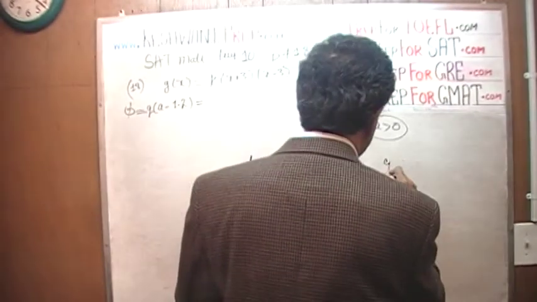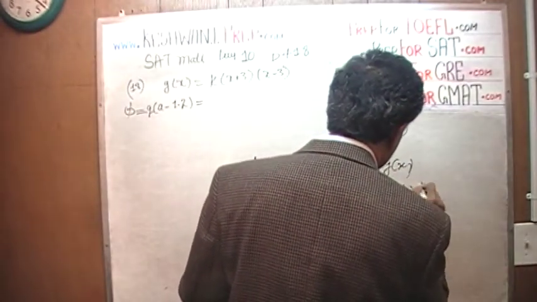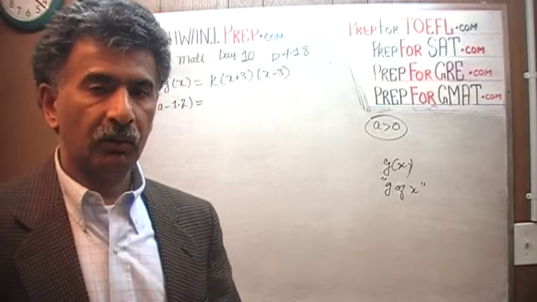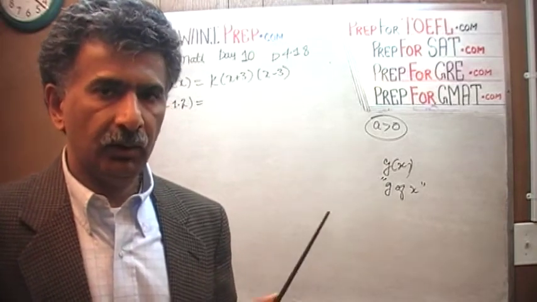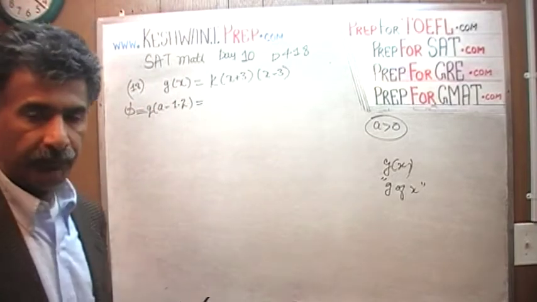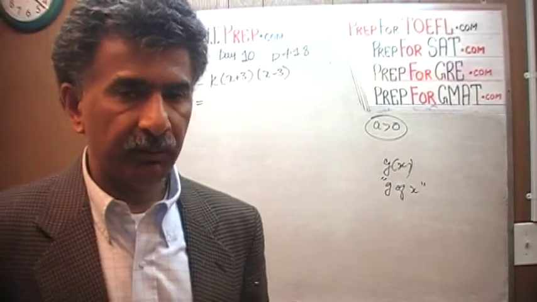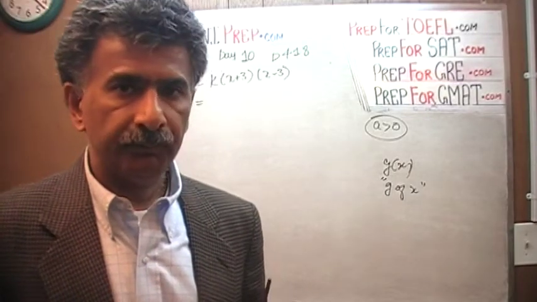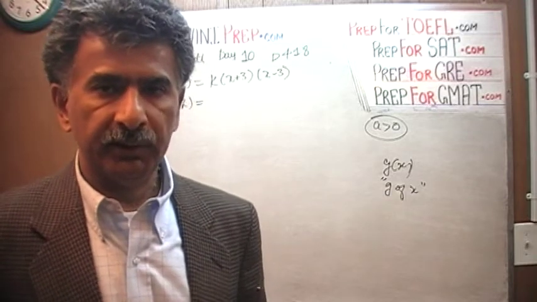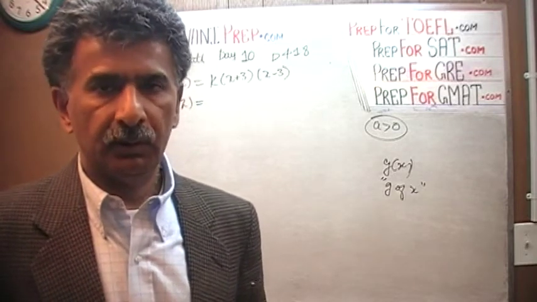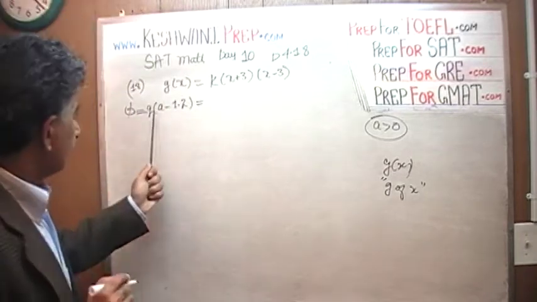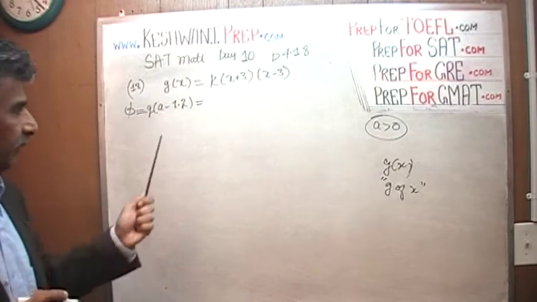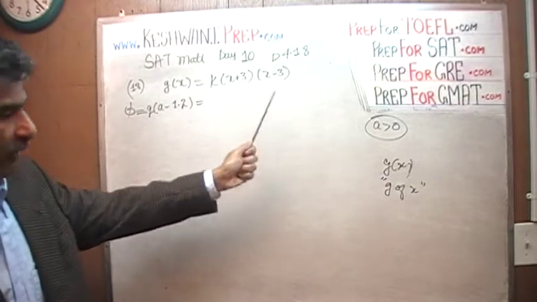If g of x confuses you, or if you haven't quite mastered this notion of function and what they mean by g of a minus 1.2 and so forth, type in the word function along with my name, Keshwani, and function in quotation, and you will find a couple of videos that you will find fruitful if you put in the time to understand the concept. g of a minus 1.2 simply means that wherever we see x, our job is to replace it with a minus 1.2. And that quantity, once we arrive at it, has to equal 0.